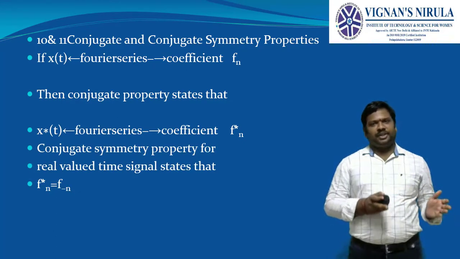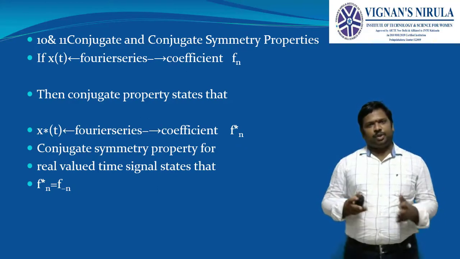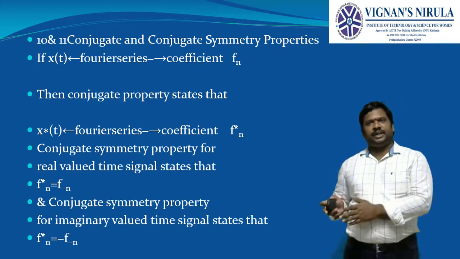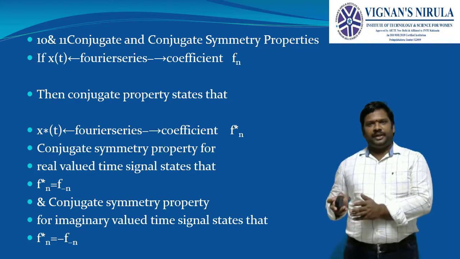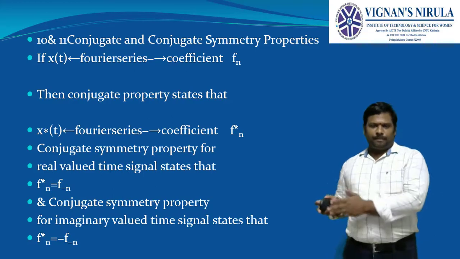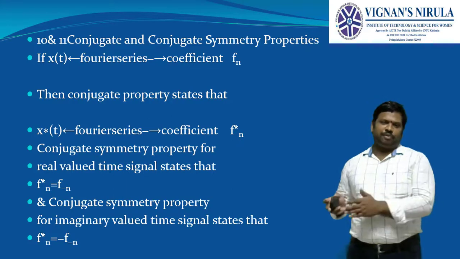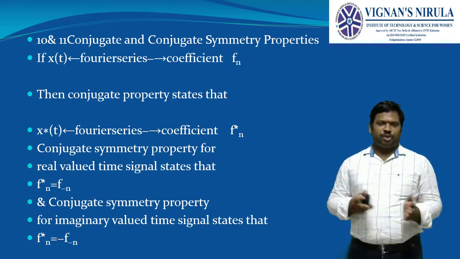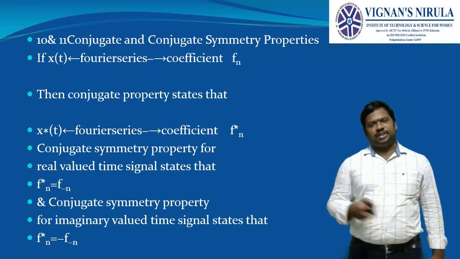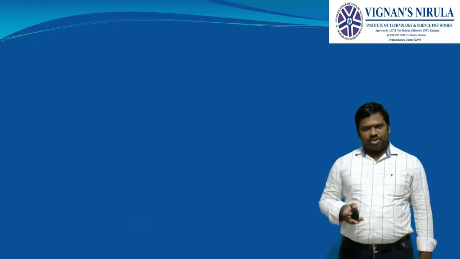The conjugate symmetry property for real-valued time signals is given as F star of n is equal to F of minus n, and for imaginary-valued time signals, F star of n is equal to minus F of minus n. That is the conjugate symmetry.